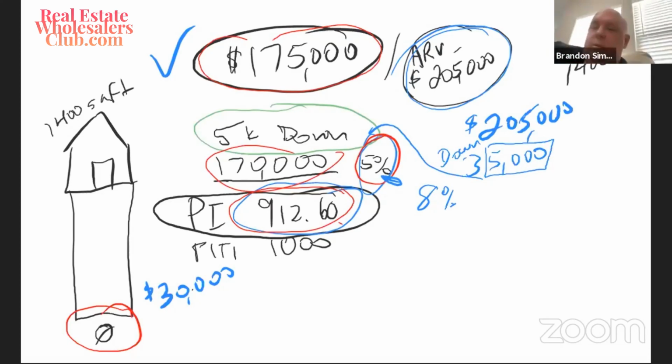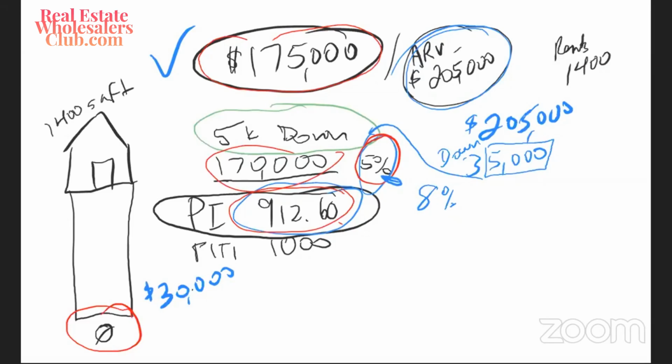Let me see if I can jump to the easy calculator here. Am I sharing my screen on my calculator, by the way? No, it's got your Creative Real Estate Live banner. Okay, hold on a second. That's not going to work then.